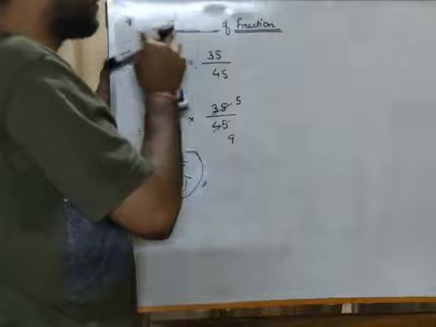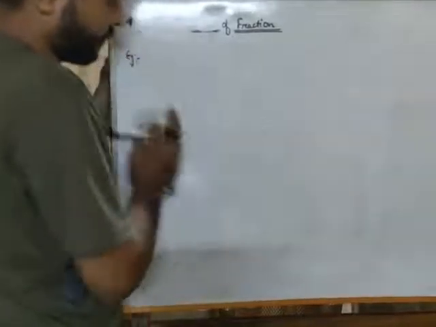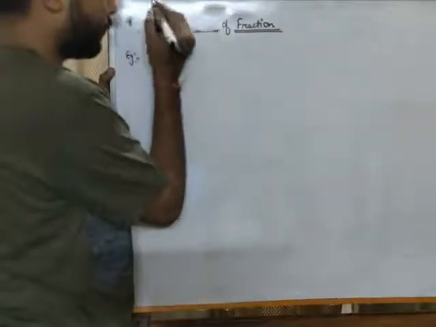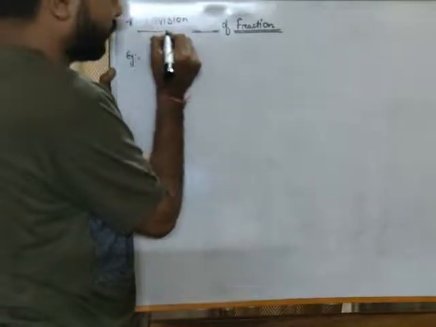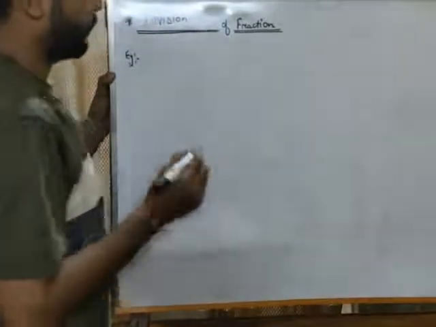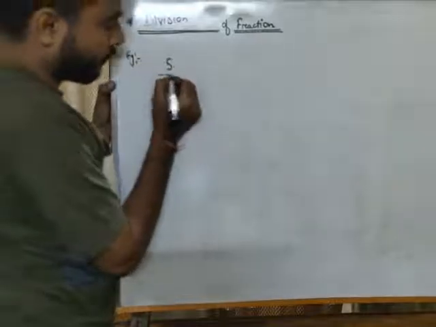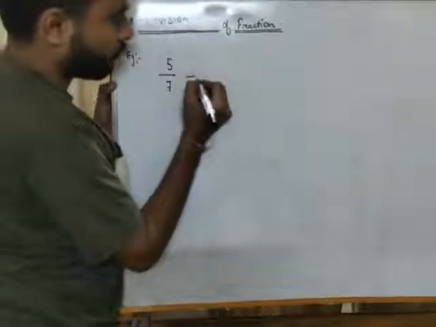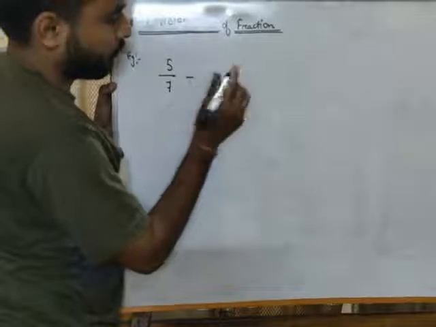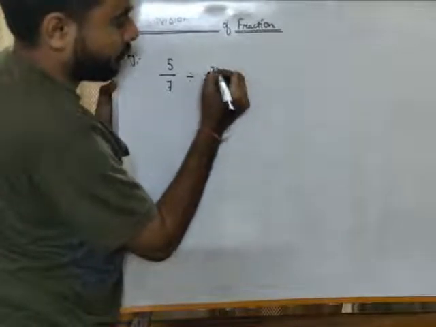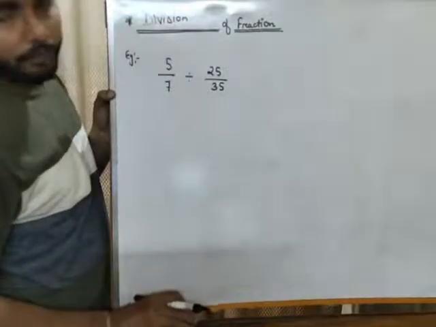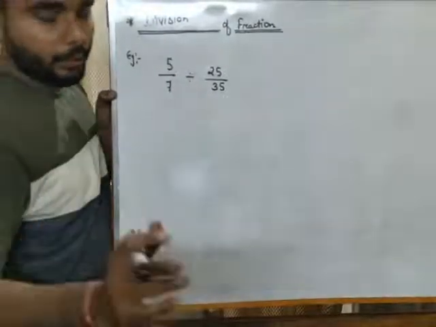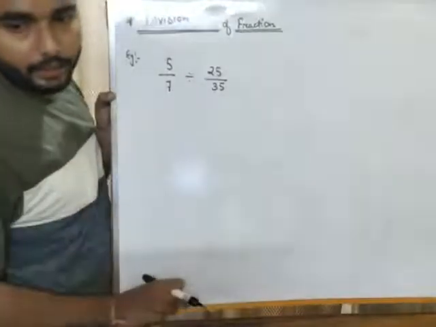Now the topic is division of fractions. So we have a fraction 5 by 7 divided by 25 by 35. You have to remember that two fractions cannot be divided directly.